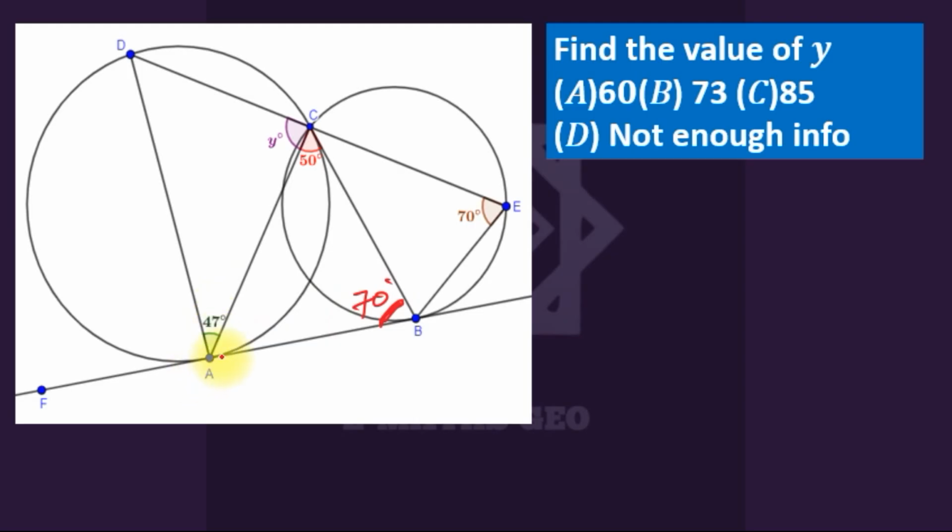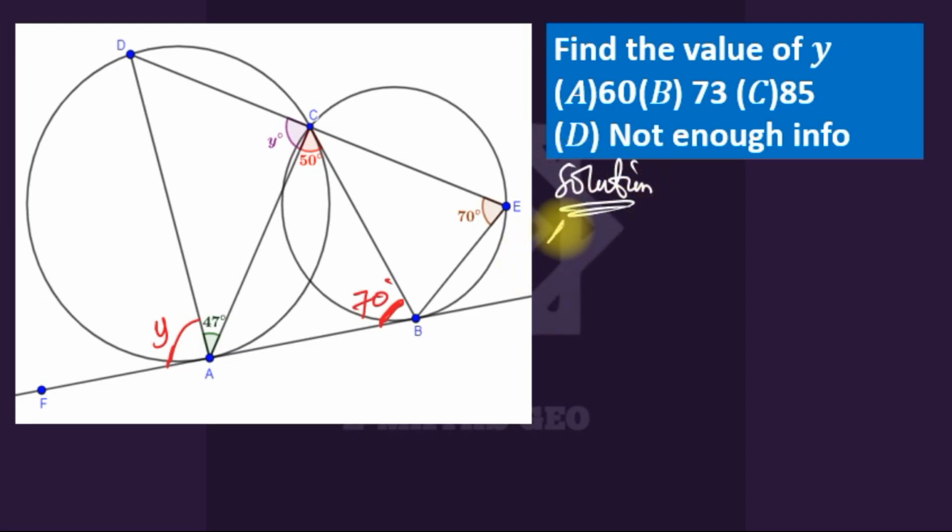This is a tangent line AF, so this is also y by alternate segment theorem. So what do you notice? We have a triangle CAB, interior angles 50 and 70, while we have exterior y plus 47. So the answer is now simple. The answer is 73. But let's solve formally.